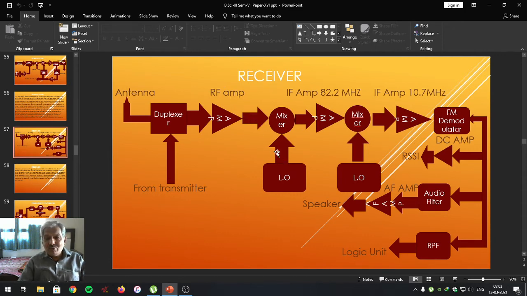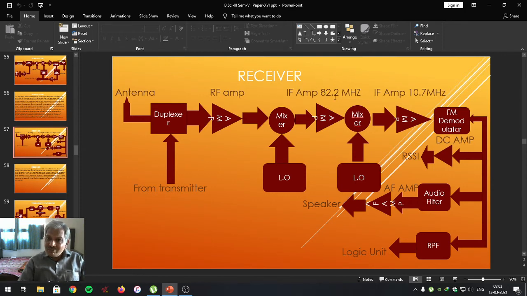Both the signals are going to beat with each other in the mixer. It undergoes superheterodyne principle and generates the intermediate frequency of 82.2 megahertz.